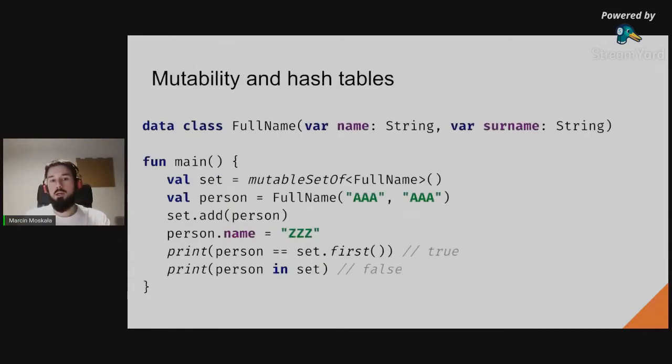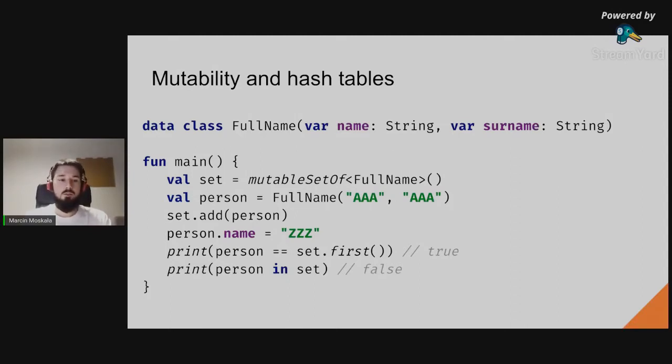Another problem with mutable objects is that they should not be used as elements in a set. They should not be used as keys in a map. For this reason, all those collections depend on the hash code. The hash code is in this case calculated based on name and surname.